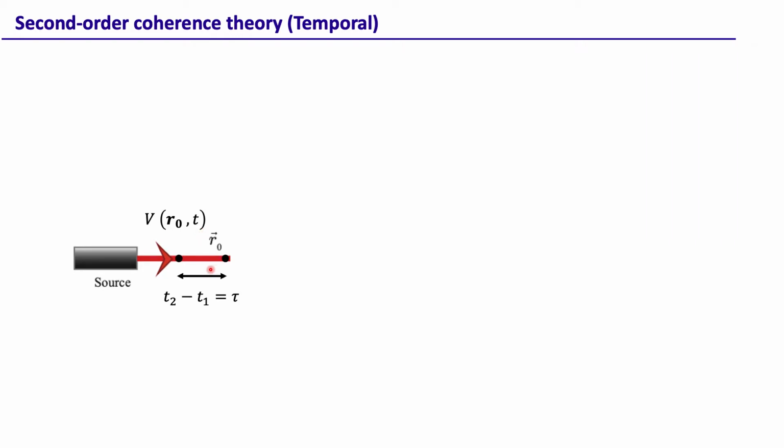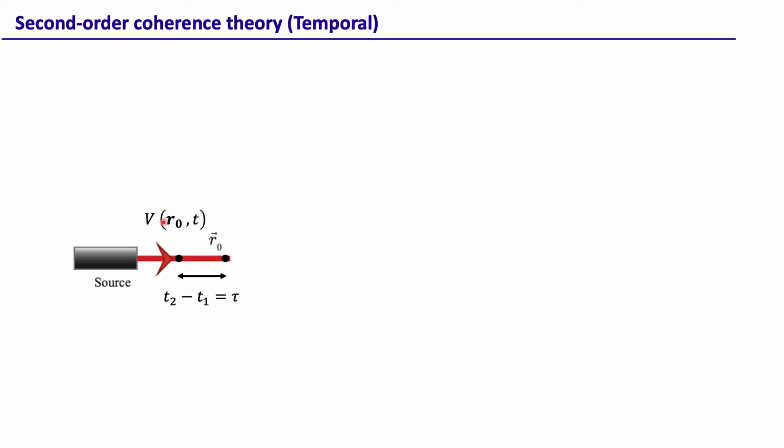Then we ask the question, let's say this is the field at time t1, and this is the field at time t2. So we can ask what is the correlation in this field at time t1 and at time t2, which are separated by t2 minus t1 equal to tau. So what we are asking is what is the correlation between the field vibrations at this time and at this time, which are separated by tau.